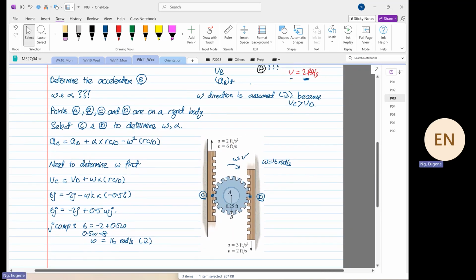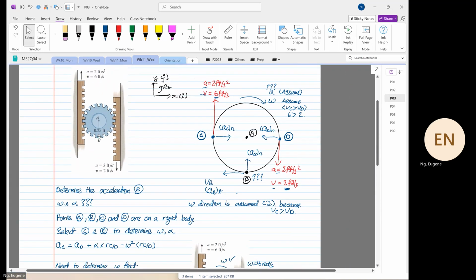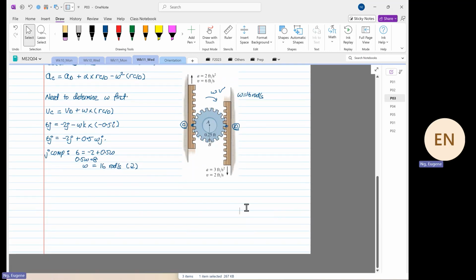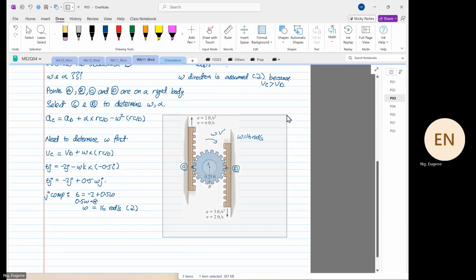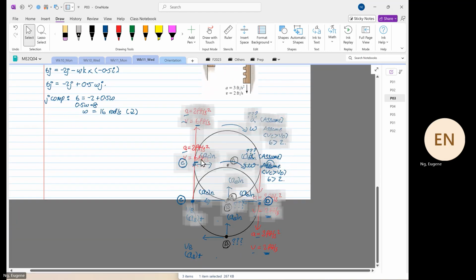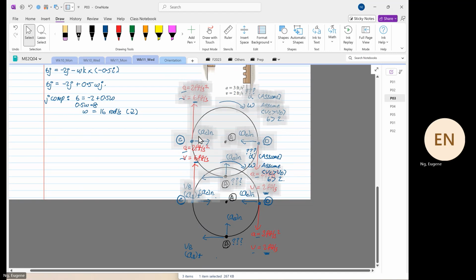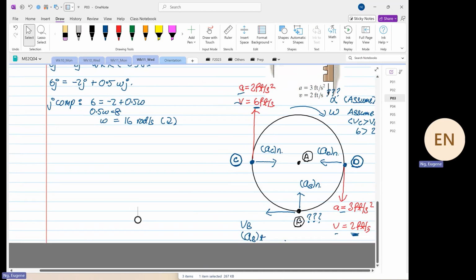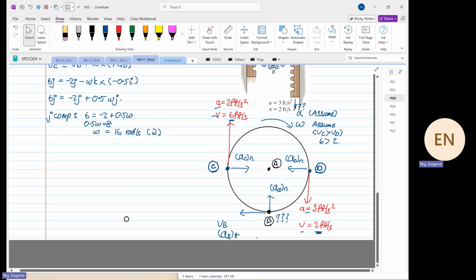I will bring back the other diagram. Now we have to focus on this diagram. So now we have to write out the components.